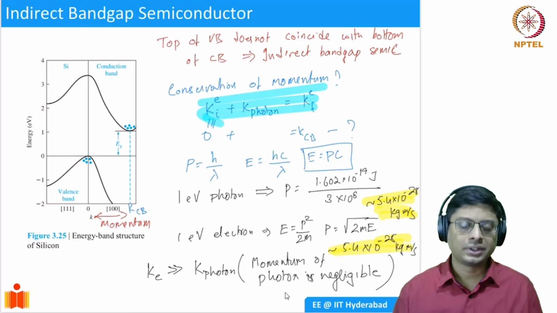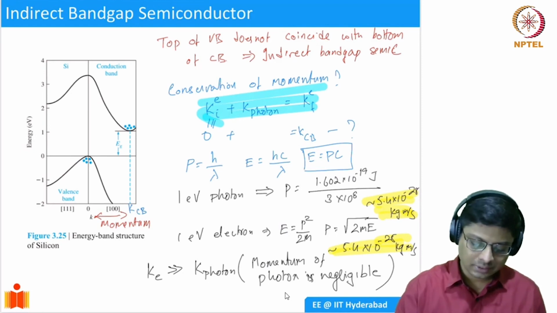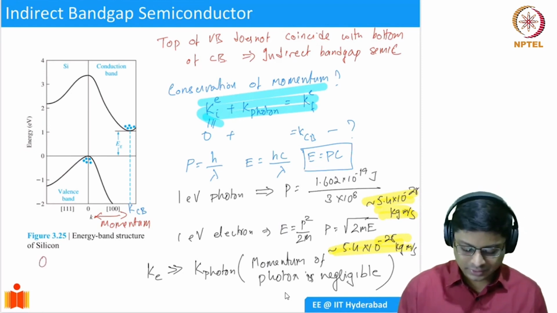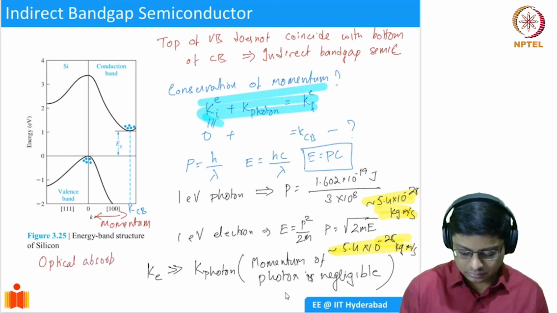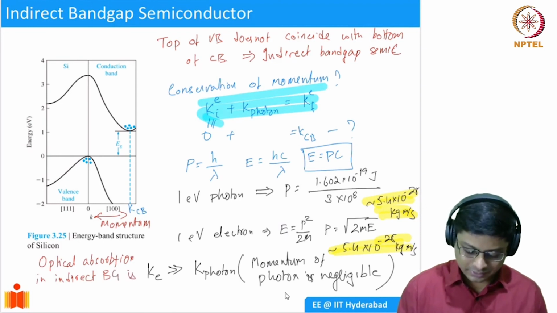So optical absorption process in an indirect bandgap semiconductor is less efficient.